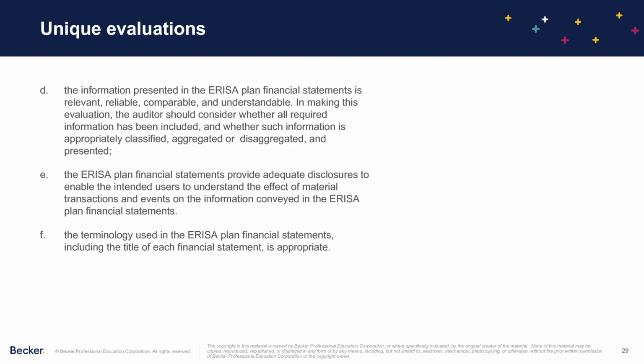The next one, the ERISA plan financial statements provide adequate disclosures to enable the intended user to understand the effect of material transactions and events on the information conveyed in the ERISA plan financial statements. So looking here at the transactions, are we providing enough information in the disclosures for them to understand those material transactions that happen throughout the year? And then the terminology used in the plan financial statements, including the title of each financial statement, is appropriate. So those are unique requirements.